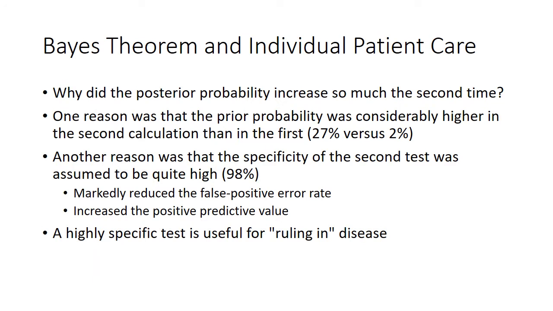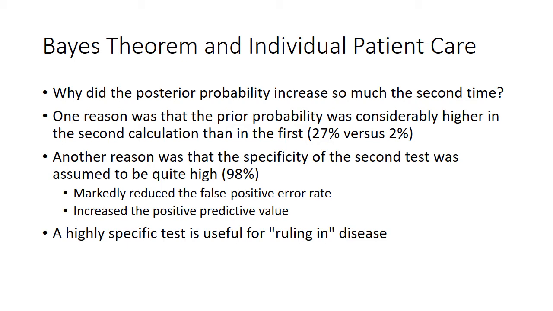So you might be questioning, why did the posterior probability increase so much the second time? One reason is because our prior probability has gone up quite significantly from 2 to 27%. But the other thing is, when you are doing your testing to see if you want to rule things in or out, remember SnNout and remember SpPin.